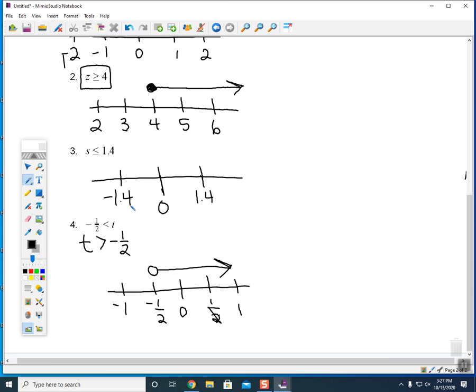All right. S is less than or equal to 1.4. So I am including it because it's or equal to. So I'm going to do a closed dot at 1.4. The point of my inequality is pointing to the left, so my arrow is going to point to the left. All right, that is all that I have for us for 4.1.